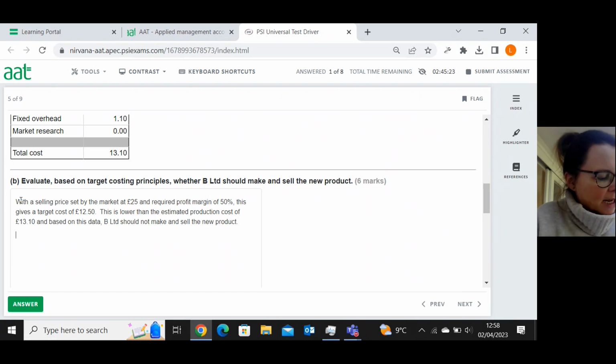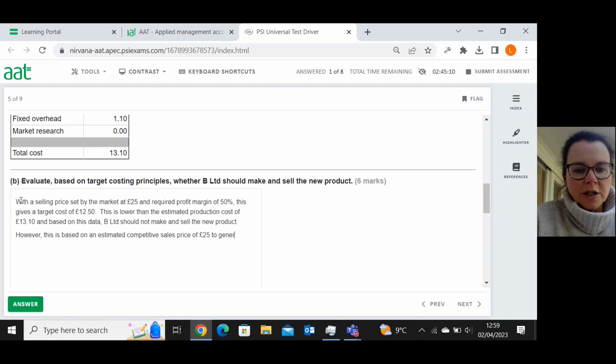But I would then probably go on and say, however, this is based on an estimated competitive sales price of £25 to generate demand of 5,000 units.